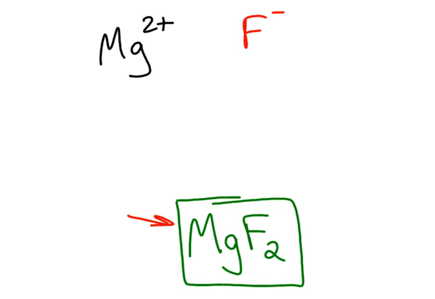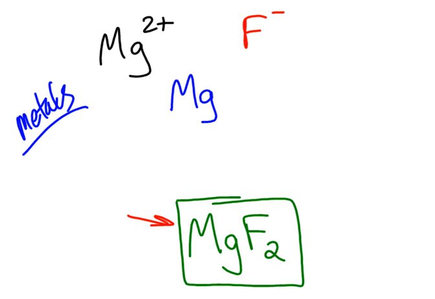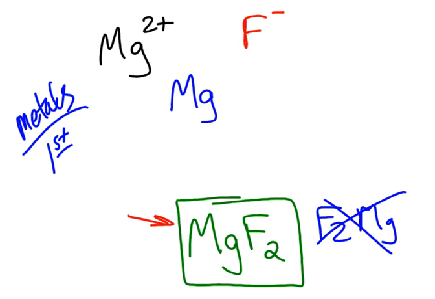And to show that, I'm going to take magnesium. I'm always going to write the metal first. Metals, or the cation, is always first. Always, right? So the metal has to be listed first. You cannot write this. That doesn't work. It's always metal first, right? Magnesium.